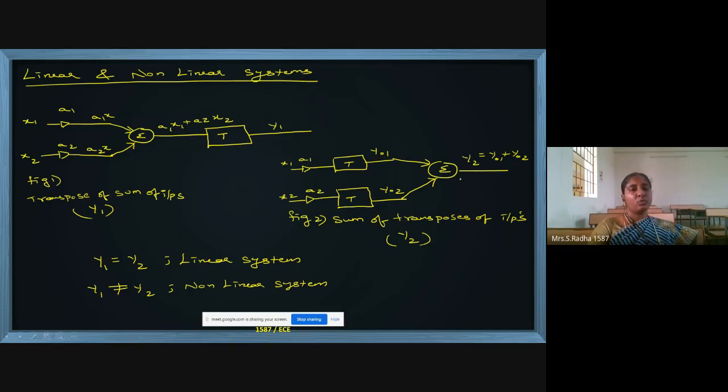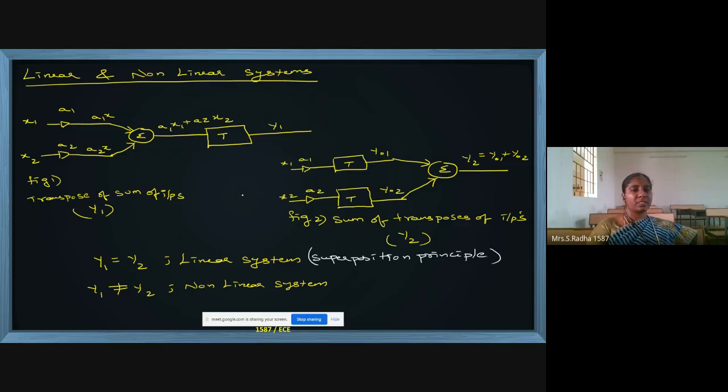That is the addition and homogeneity principle, called superposition, and that superposition is followed in linear systems.